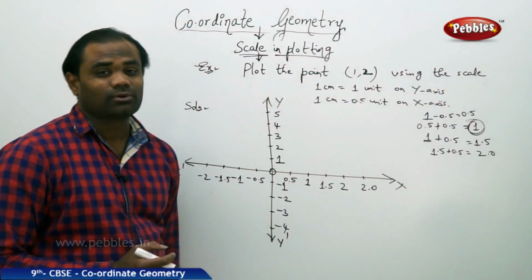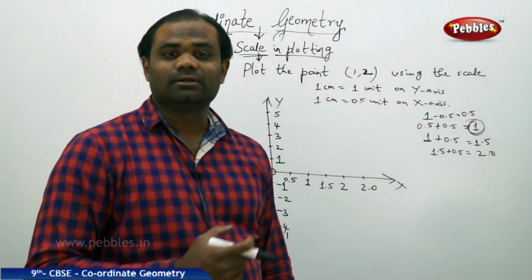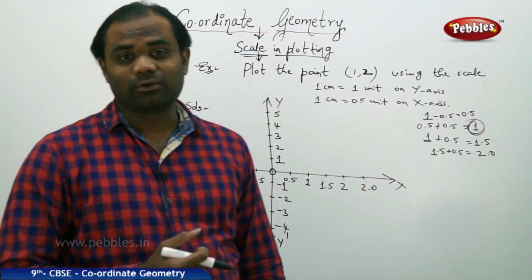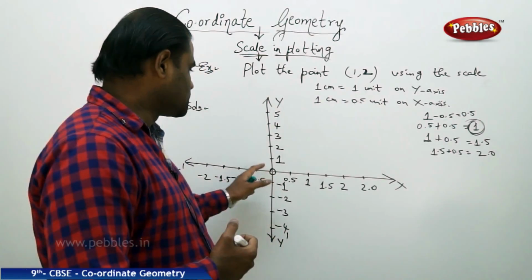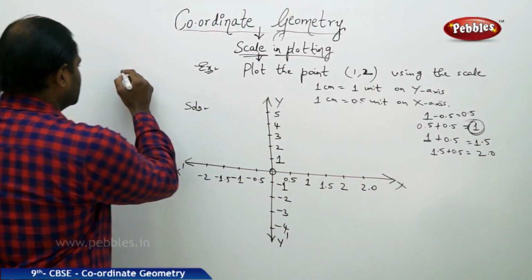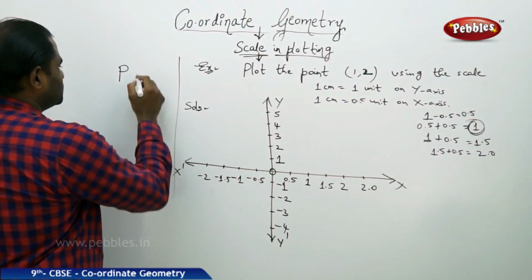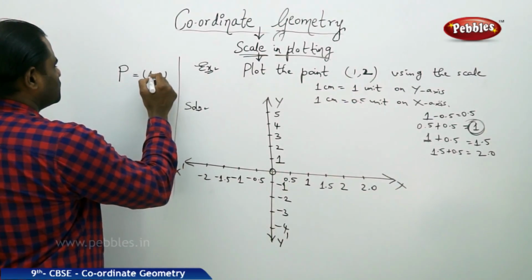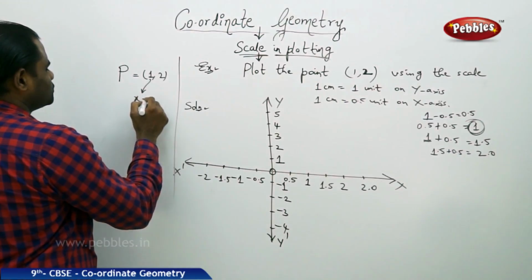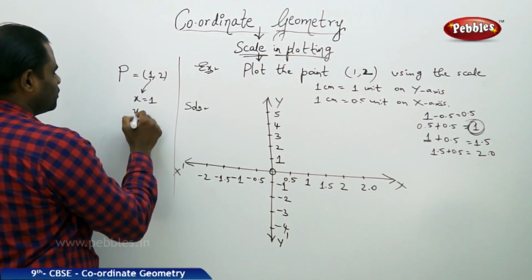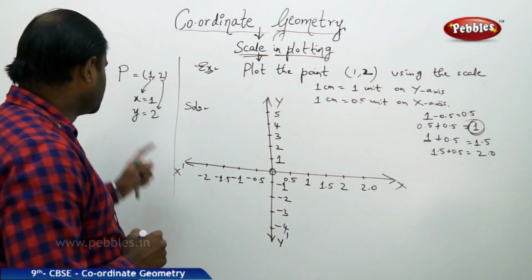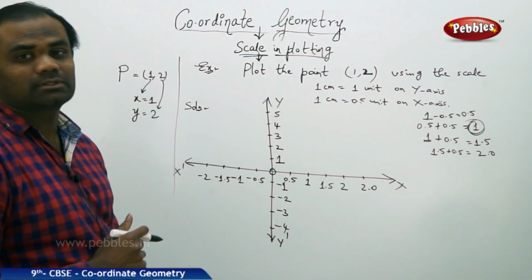And then comes the locating of the point on this Cartesian plane. So let's see how we can locate the point on this respective scaled coordinate plane. Clearly I see the point here. Let me denote it as (1, 2). Now here this refers to the x coordinate being 1, and my y coordinate being 2. So let's see how I can locate with x equals 1 and y equals 2.